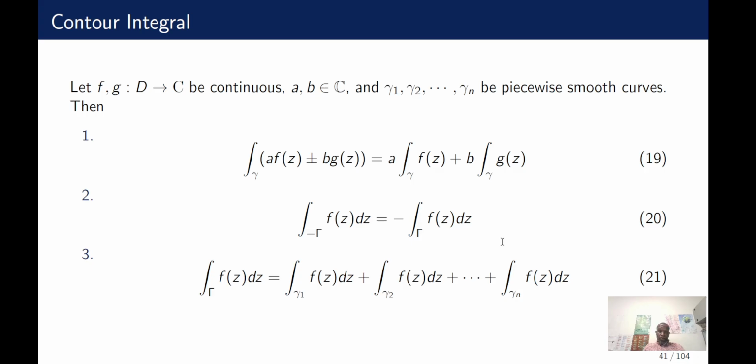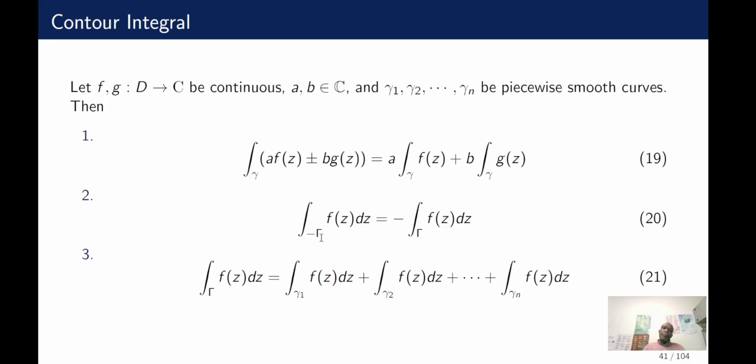Now, for the contours, if you are integrating over two contours, these are just properties of path integrals. The integral of a linear combination is the linear combination of the integrals.